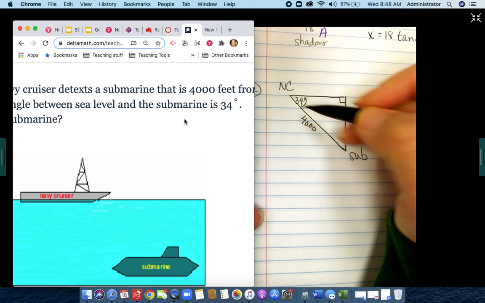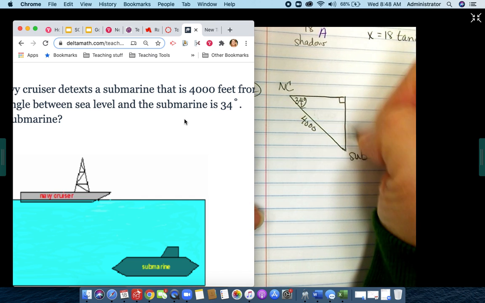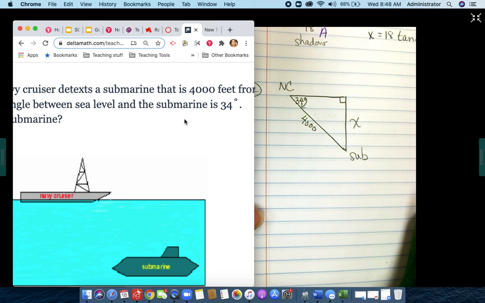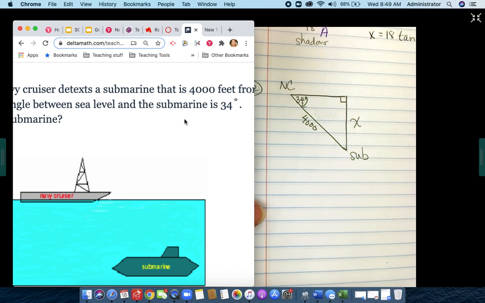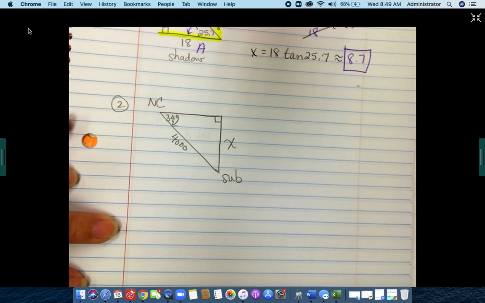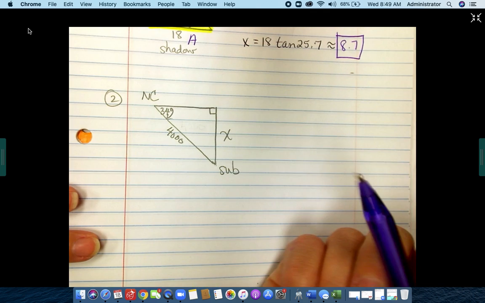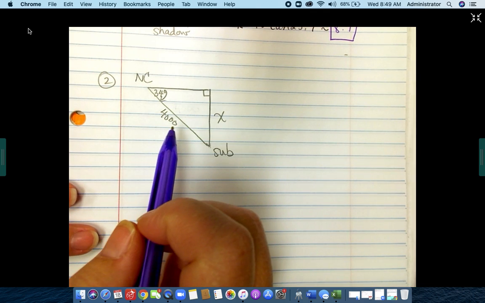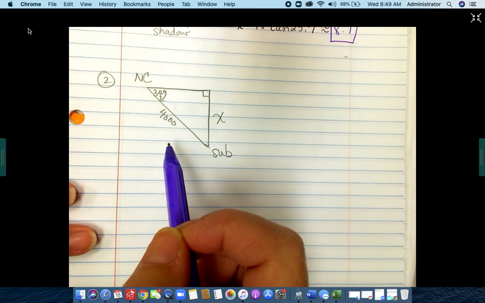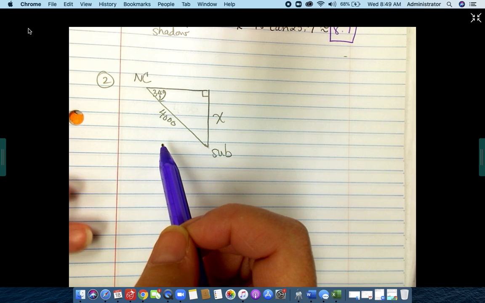Well, that would be from the top of the water down below. So we want to know this side. All right, so I'm going to close that now. And we're going to talk about again how we would label it. If you would like to pause the video at this time and try it yourself, that would be wonderful. So feel free to hit pause, work it out, and then resume the video so you can check your answer.